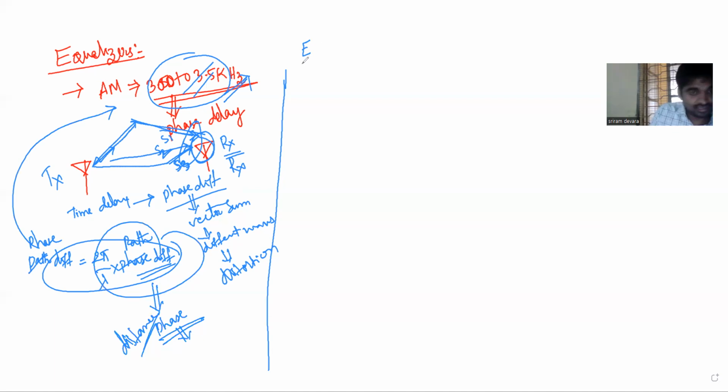Next, based on connections, there are series equalizers and shunt equalizers. In a series equalizer, say this is a source.